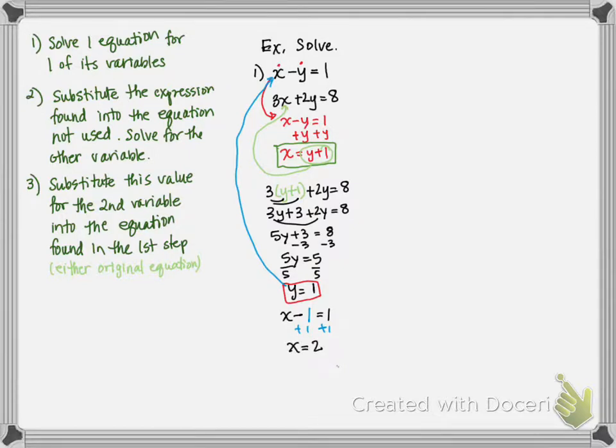So now I'm going to take the two coordinates, and I'm going to make an ordered pair out of them. x, y. So if I graphed these two lines, they would cross exactly at the ordered pair 2, 1. And that's the solution. Now, the directions did say, oh, I guess I should write that. I didn't do that. Let me do that.